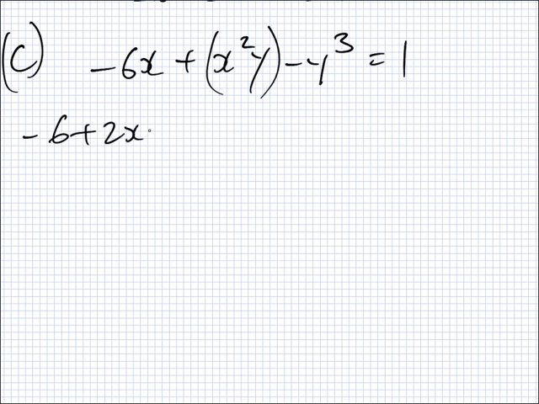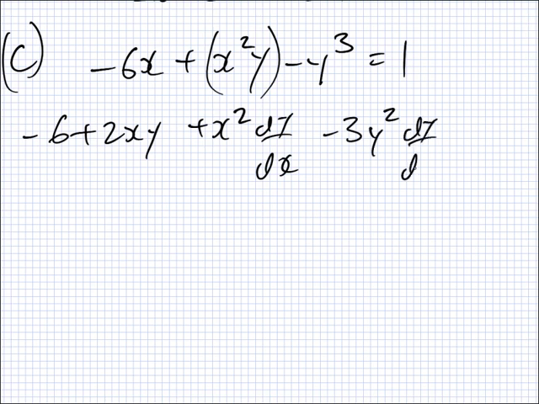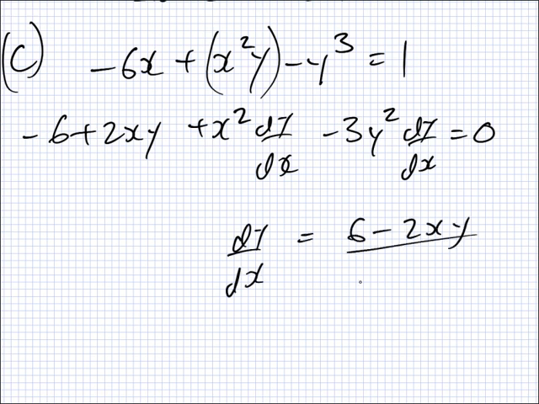So that's 2xy plus x squared dy dx minus 3y squared dy dx equals 0. So if you rearrange that, you'll get dy dx equals 6 minus 2xy over x squared minus 3y squared.